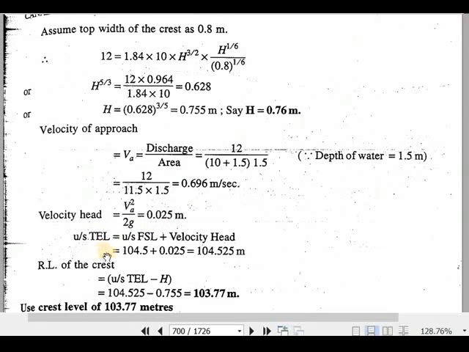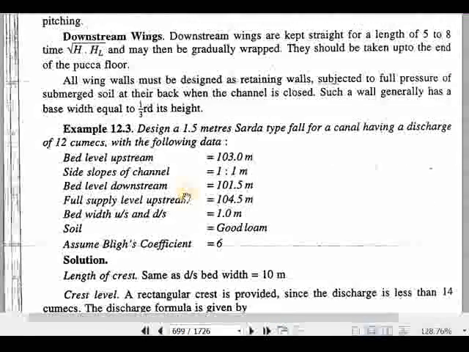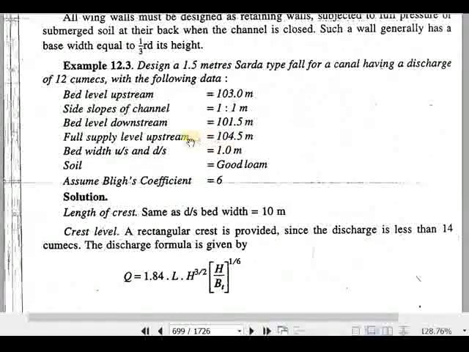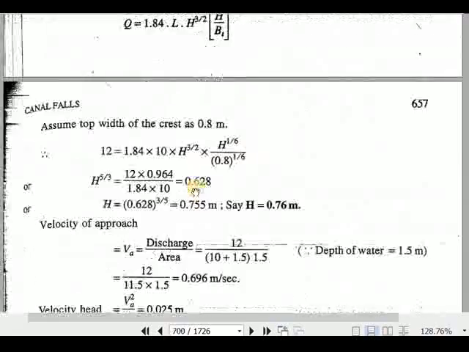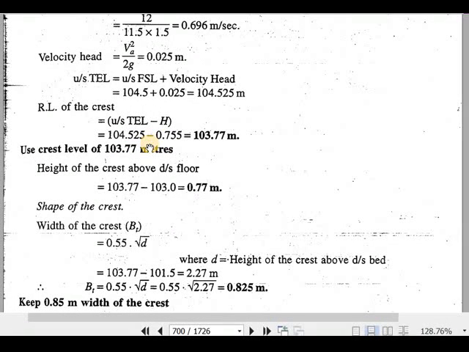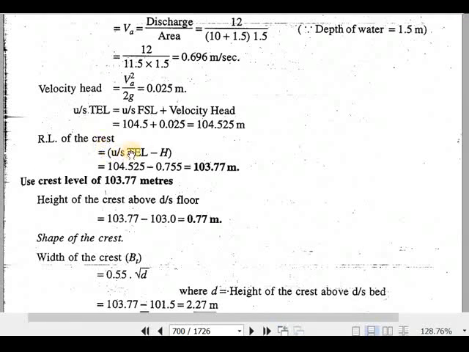So total energy line upstream, that is equal to 104.5 plus 0.025. So energy line is equal to 104.5 plus 0.025, 104.525, and reduced level of crest, that is equal to this minus head, working head.